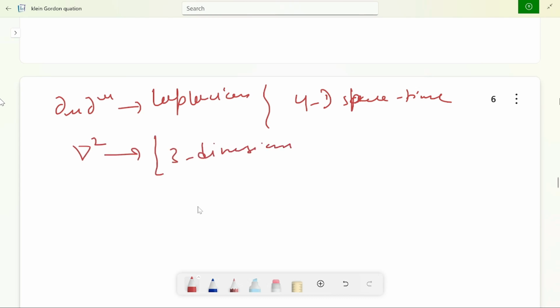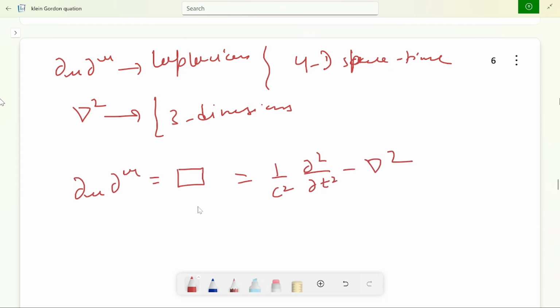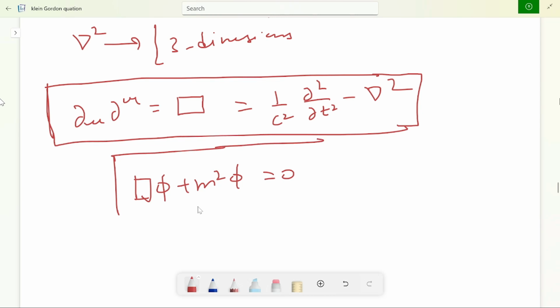This was in 3 dimensions, and in the four-dimensional space-time, this Laplacian is represented by the D'Alembert operator, which is defined to be 1 over c square d square dt square minus del square, right? So now if we use this notation for our Klein-Gordon equation, then the equation transforms into something like this, right? This is our Klein-Gordon equation.